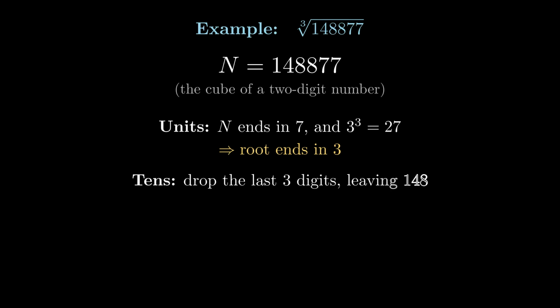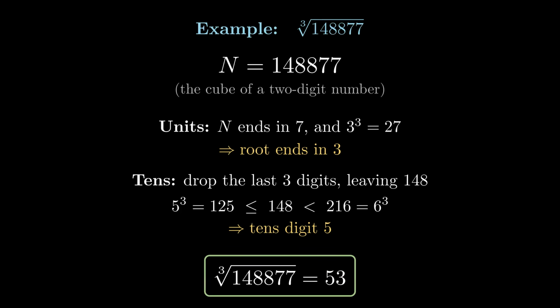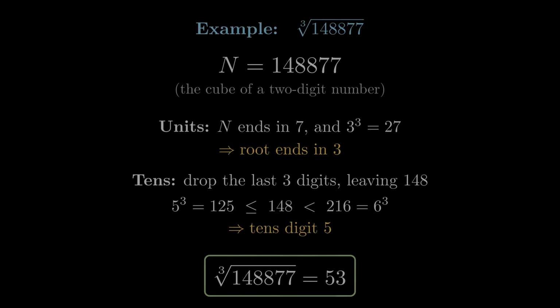For the tens digit, drop the last 3 digits, which leaves 148. 148 is between 5 cubed, which is 125, and 6 cubed, which is 216. Using this inequality, we see that the tens digit must be 5. Therefore, the cube root of our original number must be 53.